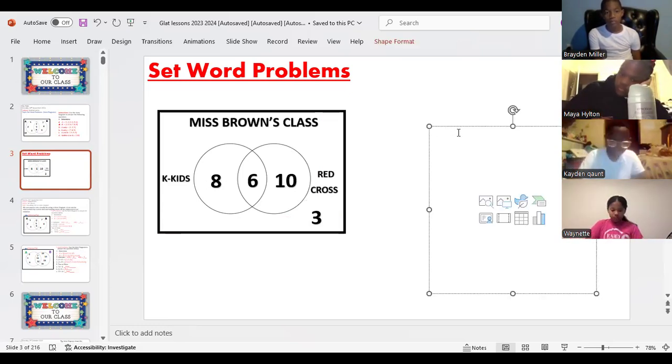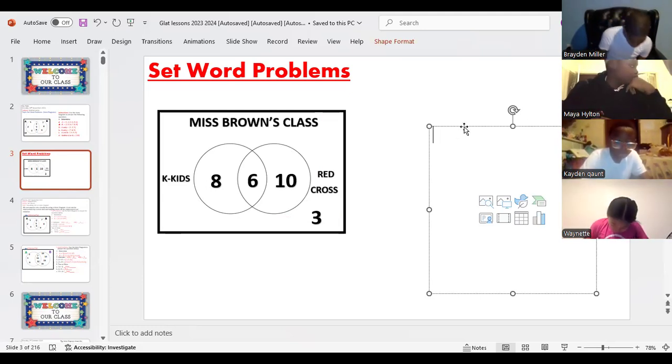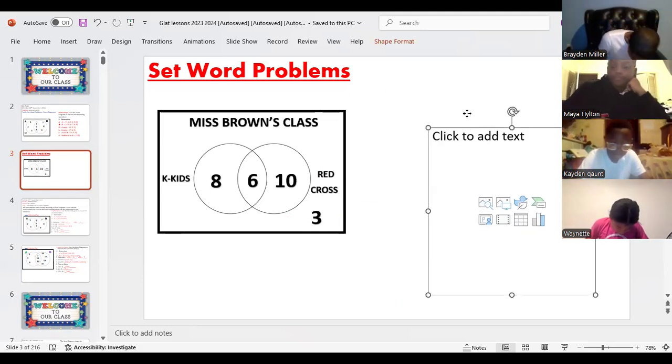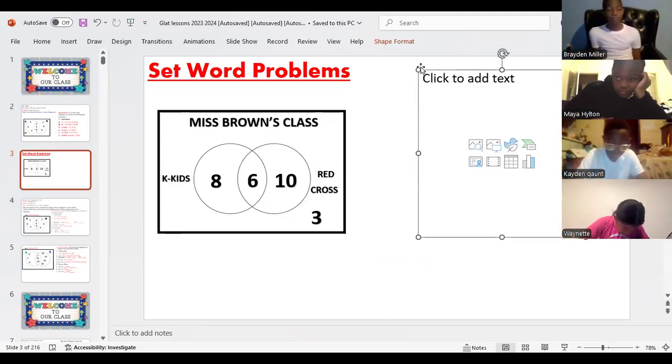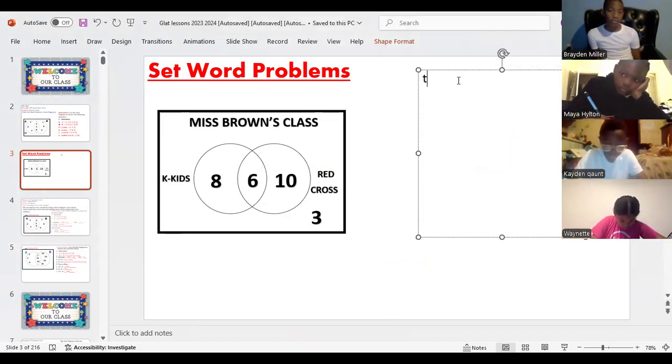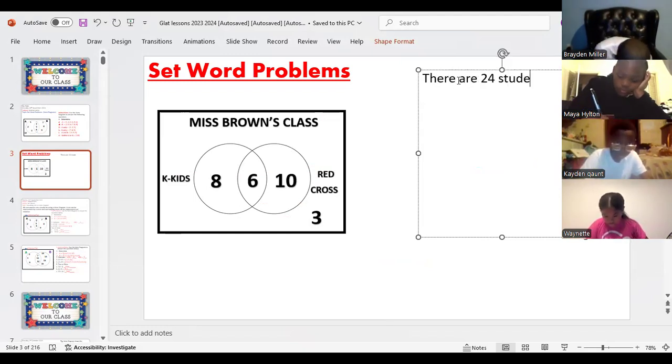Okay, so it says there are 24 students in Miss Brown's class.